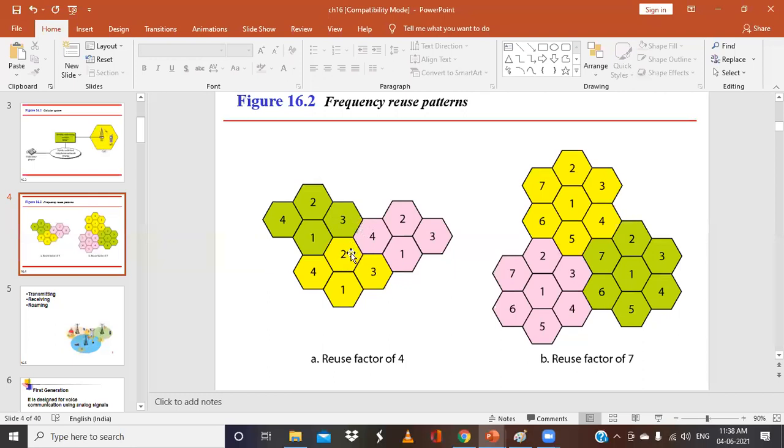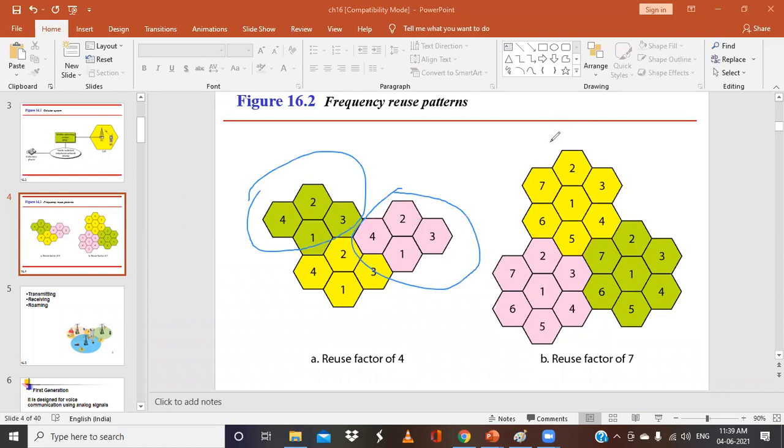Here we have 2 in yellow and 4 in pink, so only one cell is sufficient to separate the 2 patterns. This is one pattern, and this is another pattern. The frequencies can be reused in the patterns, but the neighboring cells should not have the same frequency levels.